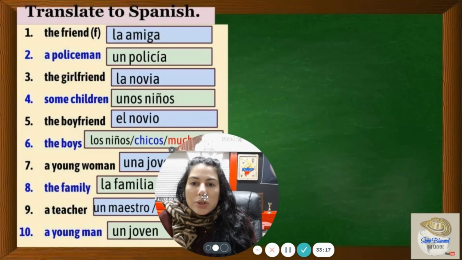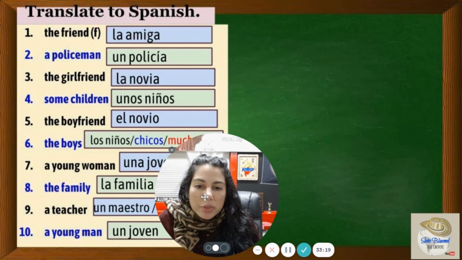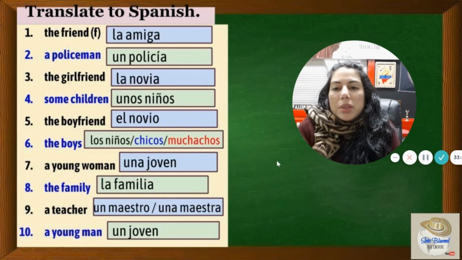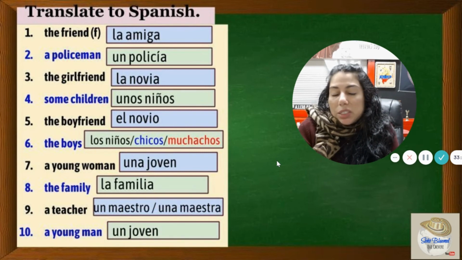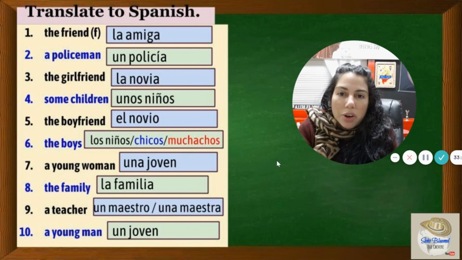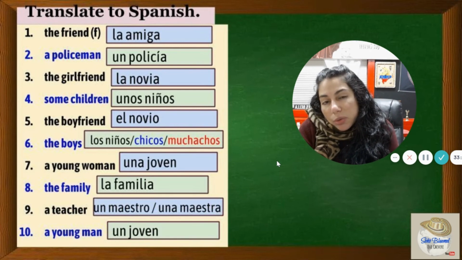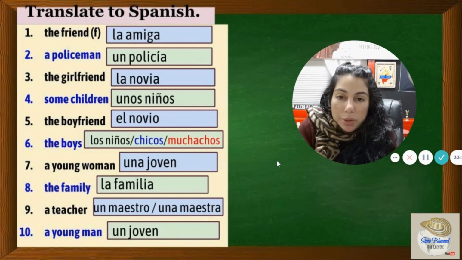Okay, so now you have this part in your study guide where you have to do the mixed, right? In this one they want you to do both definite and indefinite articles. So the friend, F, that means female, so it's la amiga, because in Spanish we have el amigo, which is a masculine friend, and then la amiga, a female.